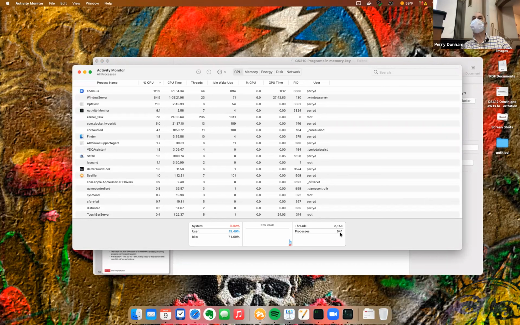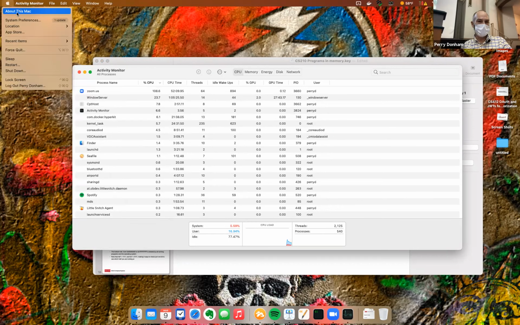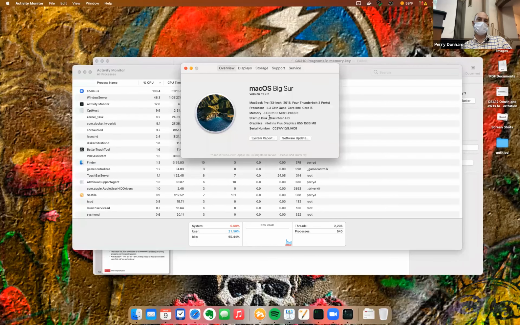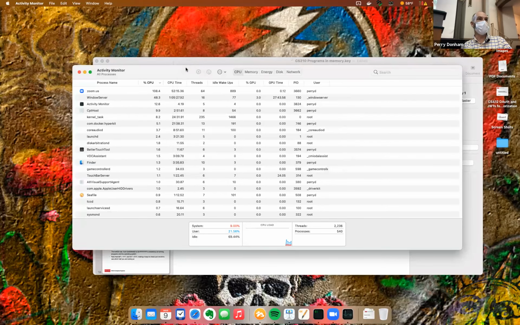Each of them sees 4 gig. So if you multiply 4 gigabytes by 540, you get a really, really large number. How much memory do I have in the machine? I've got 8 gig of RAM sitting in there. So I have 8 gigabytes of memory, enough for 2 processes, but I have 500-something processes running and they each get 4 gig. How does that work?